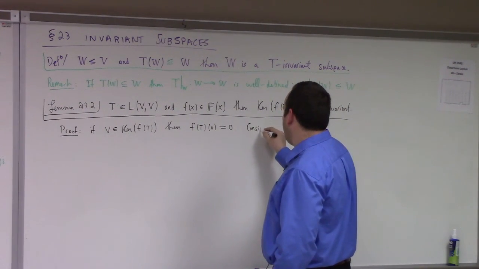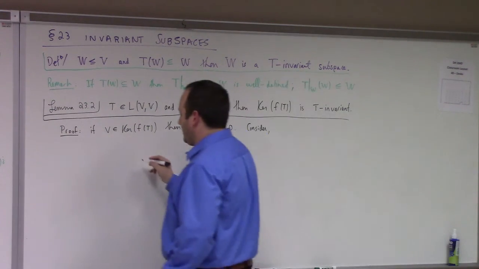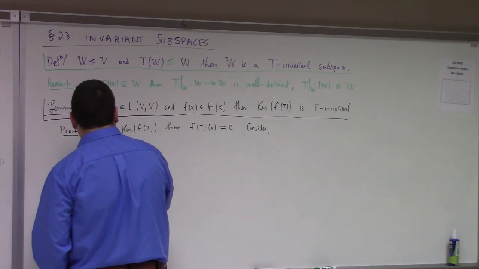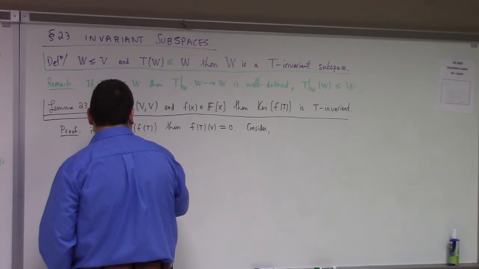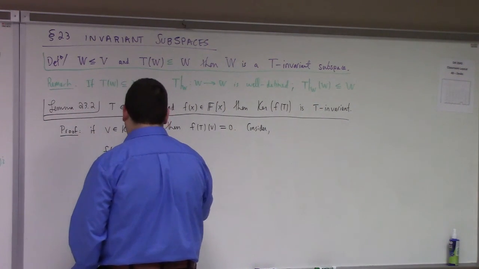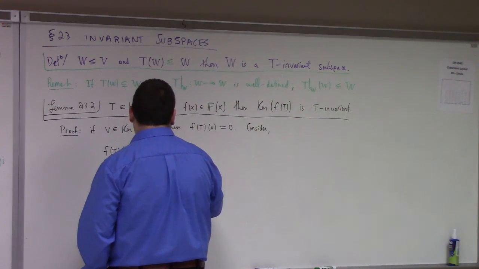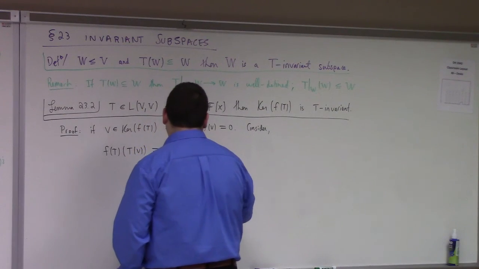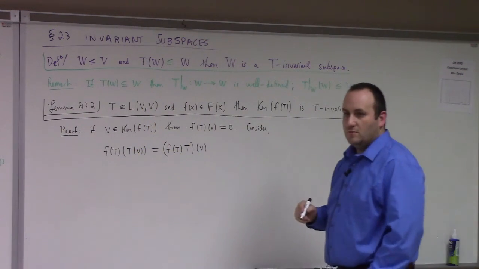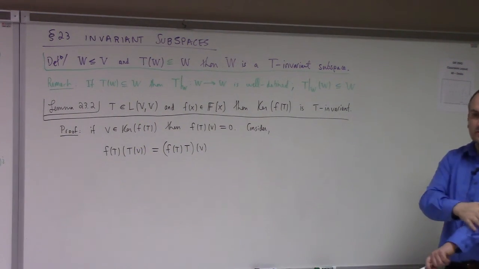Consider f(T) acting on Tv, that's f(T) times T, all of that acting on v. This is how polynomials are composed with transformations.